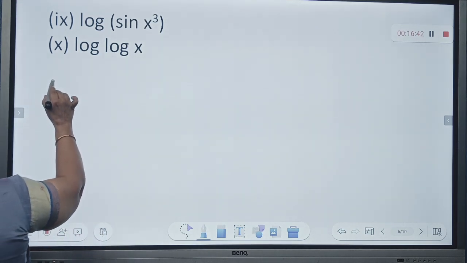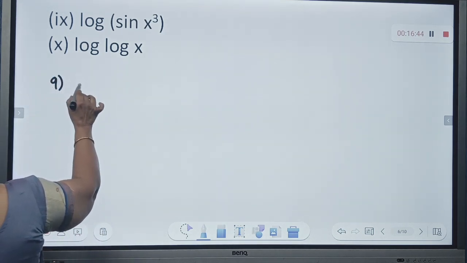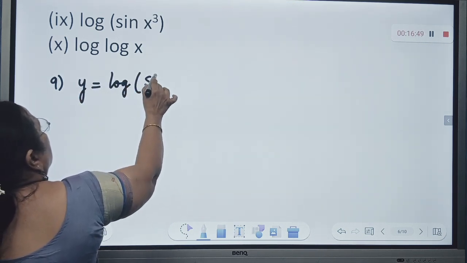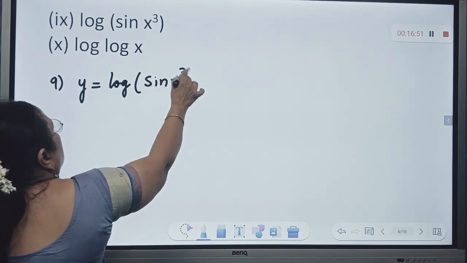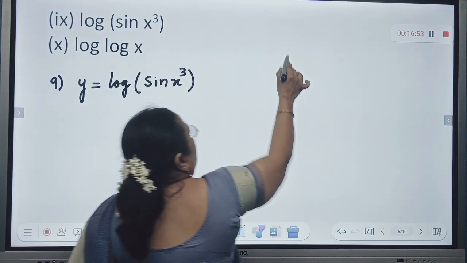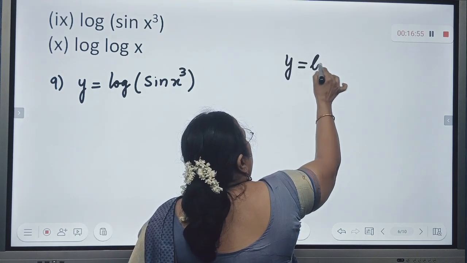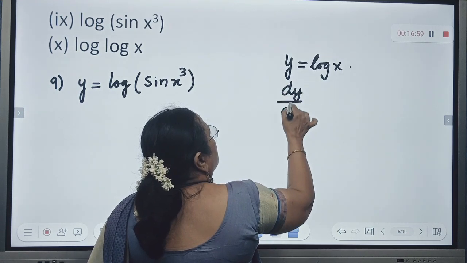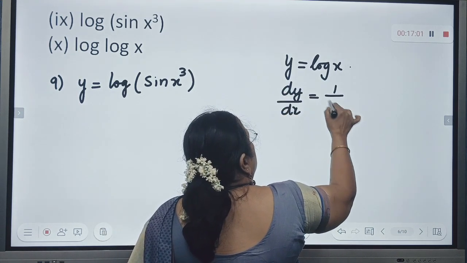Now, 9th problem, y equals log of sin x cube. See, when you have y equals log x, what is dy by dx? 1 by x.